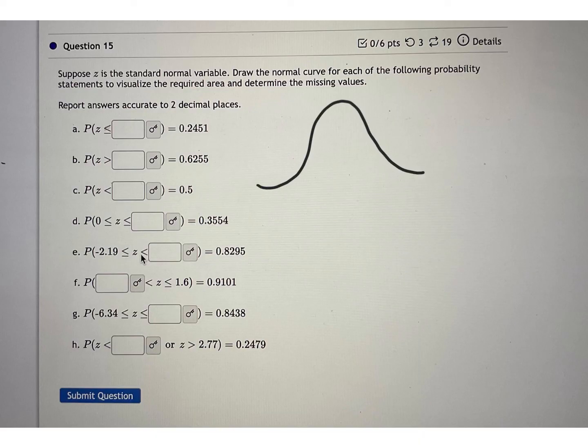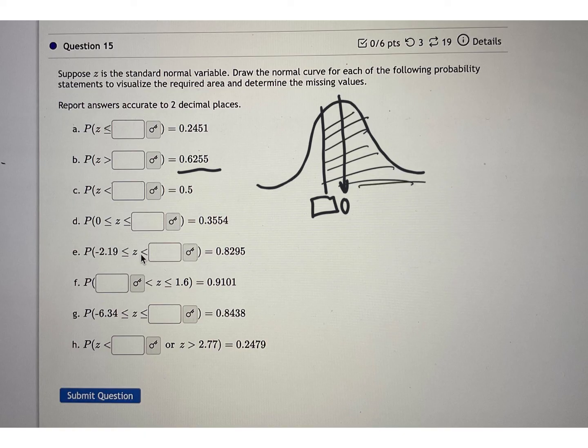This time, we're going to say Z is greater than, with an area of 0.6255. So, hey, 50% is right here at 0, so to get 62% greater, it's going to be somewhere over here. It's really nice if you're able to visualize the picture first, because then you can have a good idea: should my answer be negative? Should it not be negative?